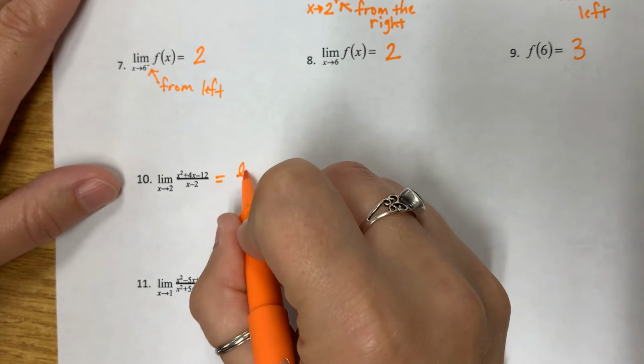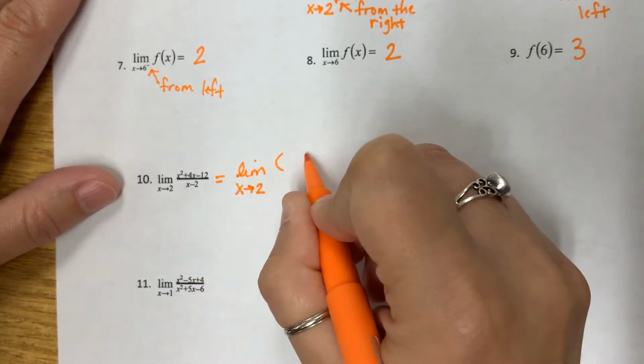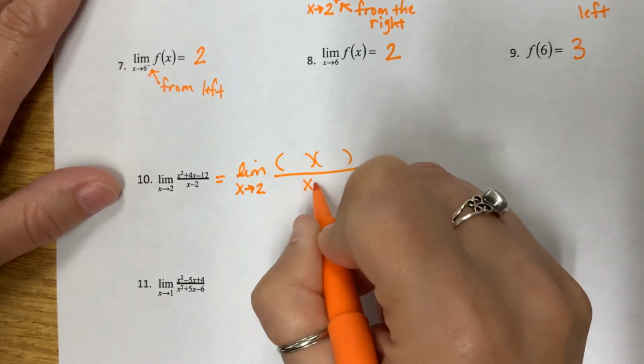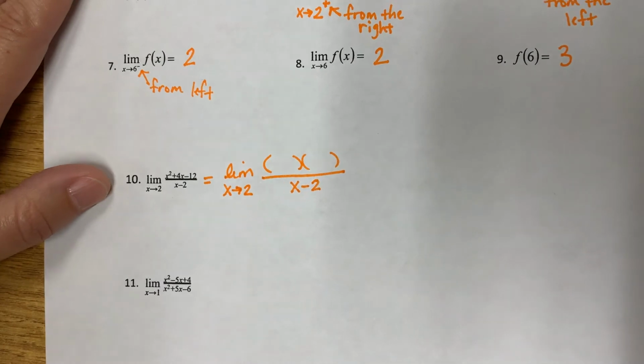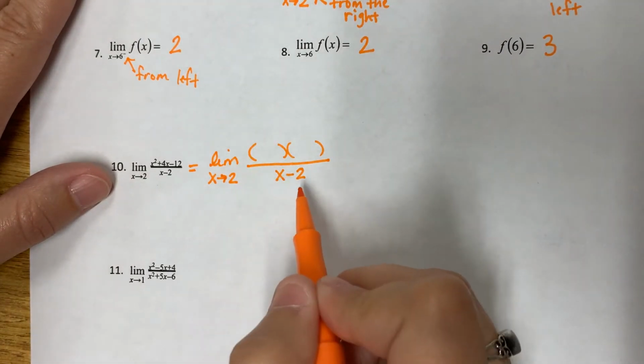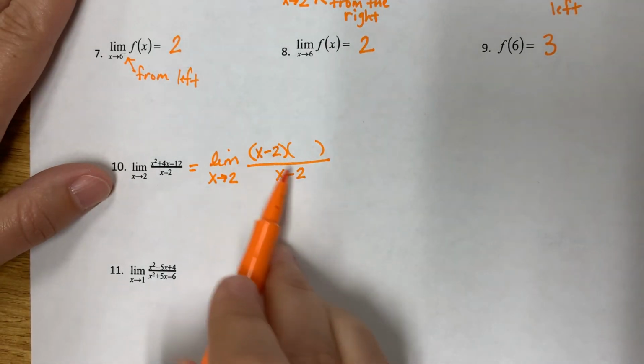So instead, I'm just going to go ahead and factor the top to see if something will cancel, because I can't just plug it in the way that it is. If I factor the top and it cancels, that means that one of those has to be x minus 2. I'm really hoping that that's the case.